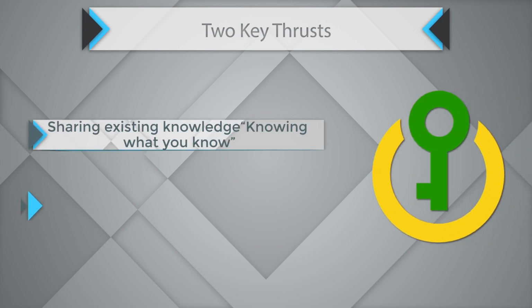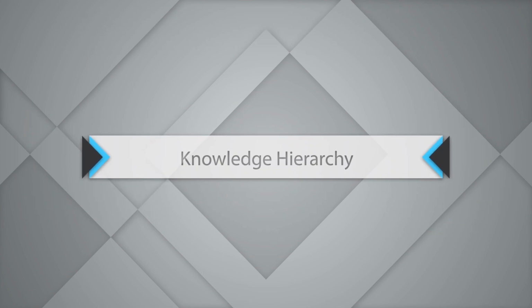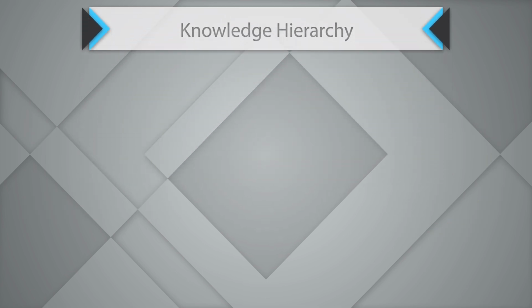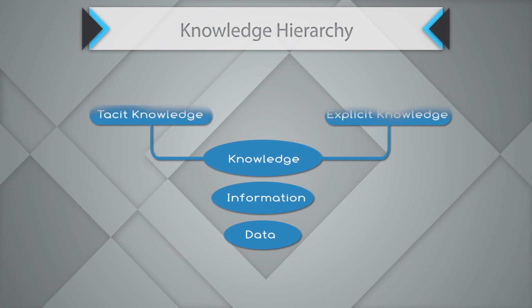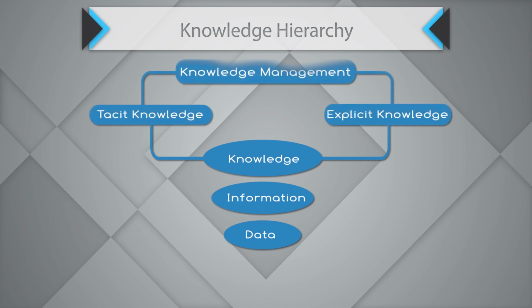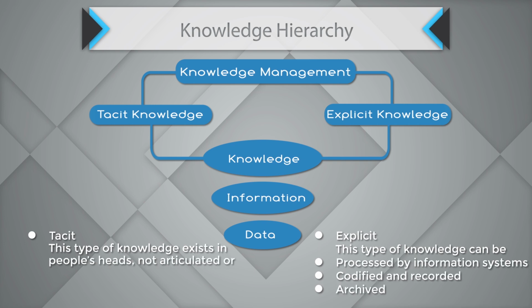While pursuing knowledge management, there are two key thrusts. One, sharing the existing knowledge, and two, creating knowledge for innovation. Let's look at a typical knowledge hierarchy. We collect data, transform data into information, which is subsequently transformed into knowledge. Knowledge, which could be explicit or tacit.